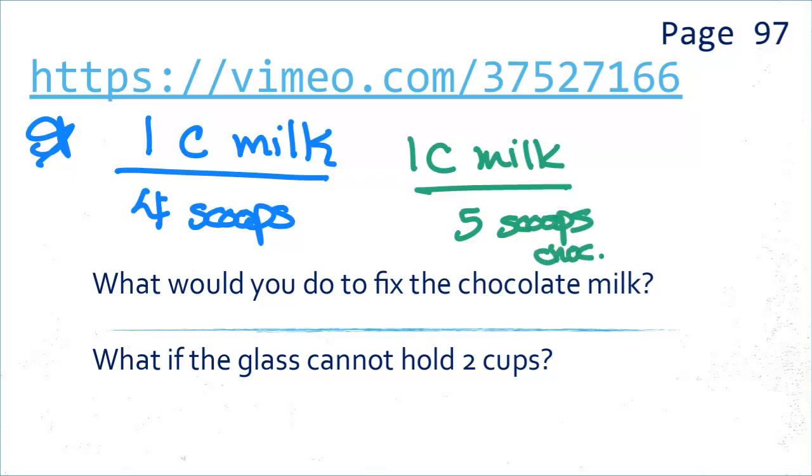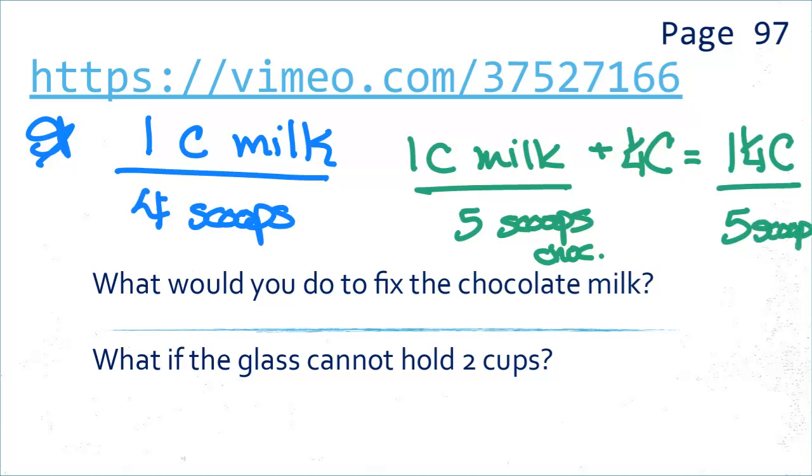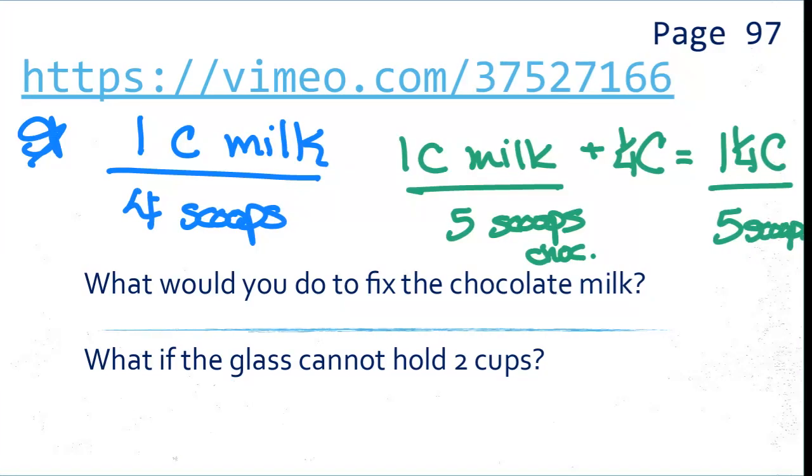And Damari says we should do what? Add a quarter cup of milk. So if I add a quarter of a cup of milk, is that going to work? That gives me 1 1/4 cups of milk to 5 scoops. Is that going to be the right chocolatiness for Grandma or Nana?